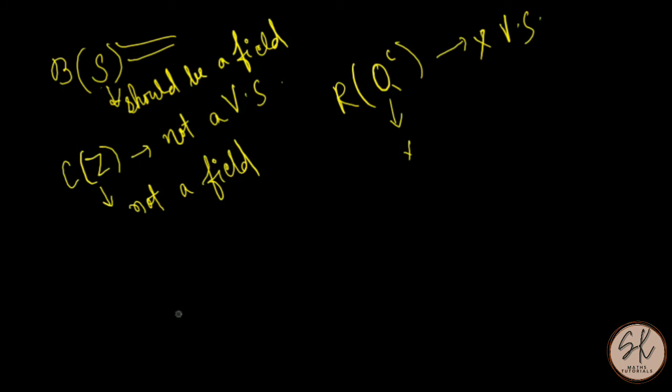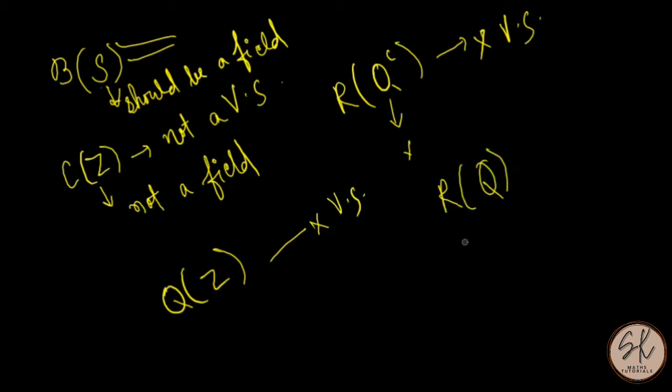Similarly, Q over Z is also not a vector space. But R over Q is a vector space, because this is bigger and this is smaller and Q is a field, so therefore this is a vector space.